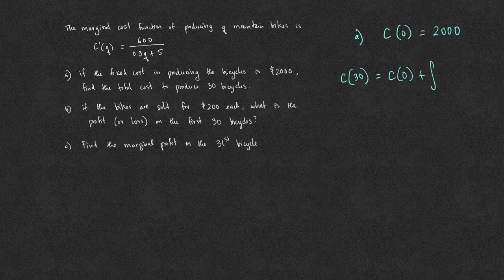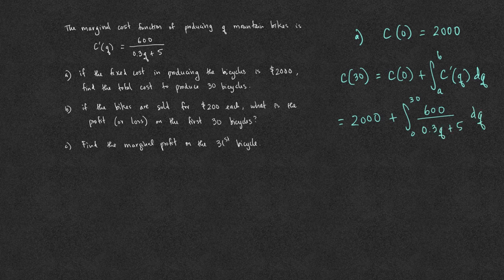which is the definite integral from a to b of the marginal cost C prime of Q dQ, where Q is the variable. But C of 0 is 2,000 plus the definite integral with the lower limit of integration 0 and the upper limit of integration 30 of C prime of Q, 600 over 0.3Q plus 5, dQ.